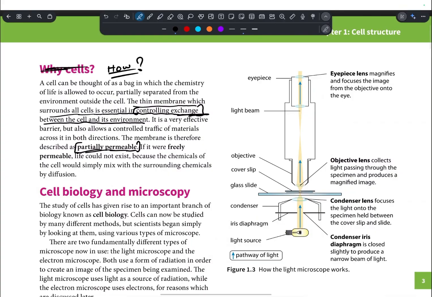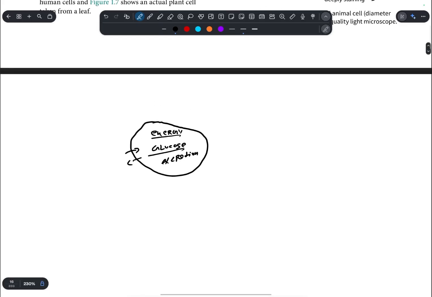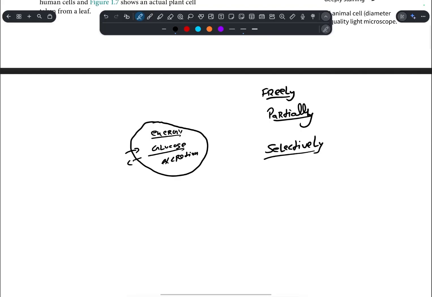We all know about concentration difference and osmotic pressure, because of which things can go from one side to the other. In chemistry, membranes are of types like freely permeable and partially permeable. But what we need is for it to be selectively permeable, so that a cell can take whatever it needs. It does not depend just on these two.